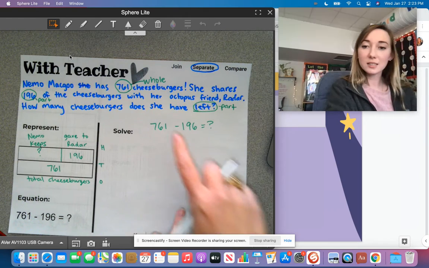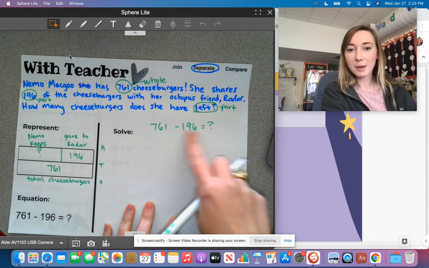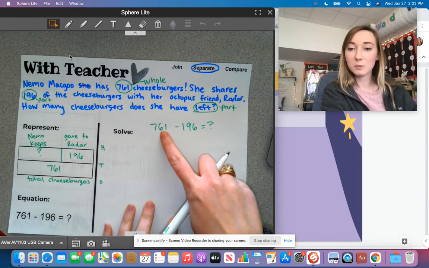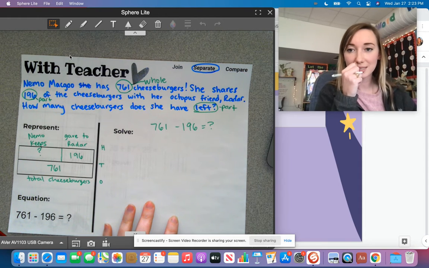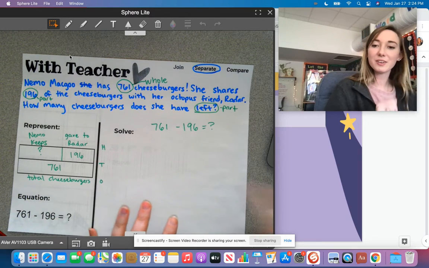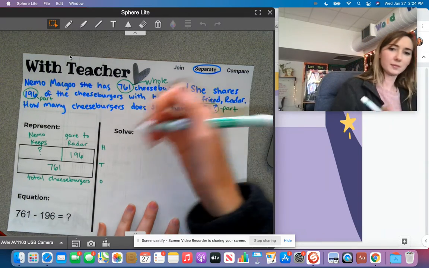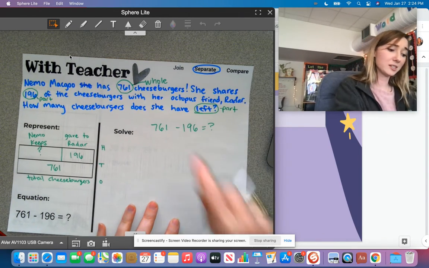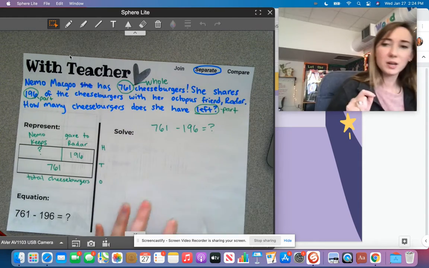So do I need to draw? We're subtracting, remember? Am I going to draw both 761 and 196 with base 10? What do y'all think? I draw both of them? No, I just need to draw 761. I don't know if I said that number last time. 761 here, okay? So what does 100 look like?